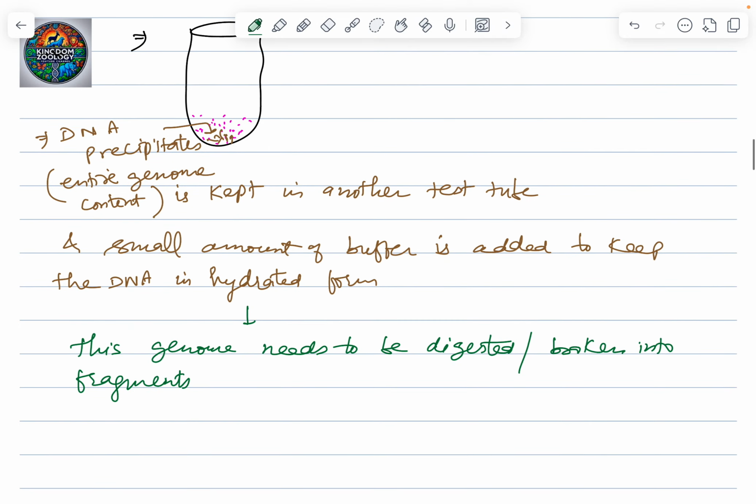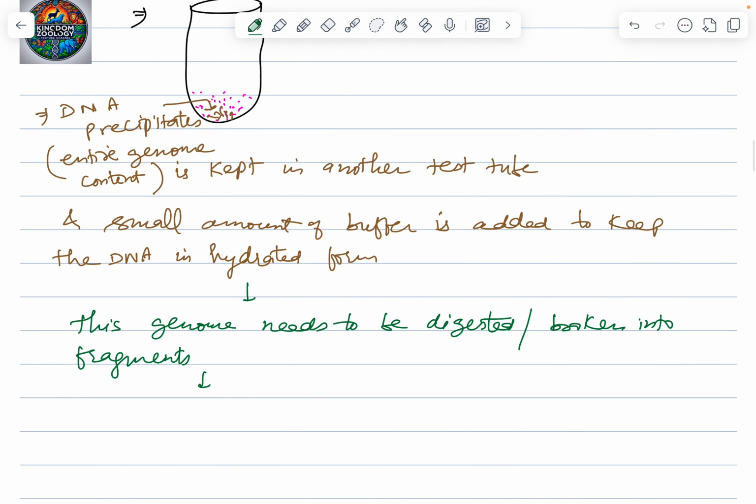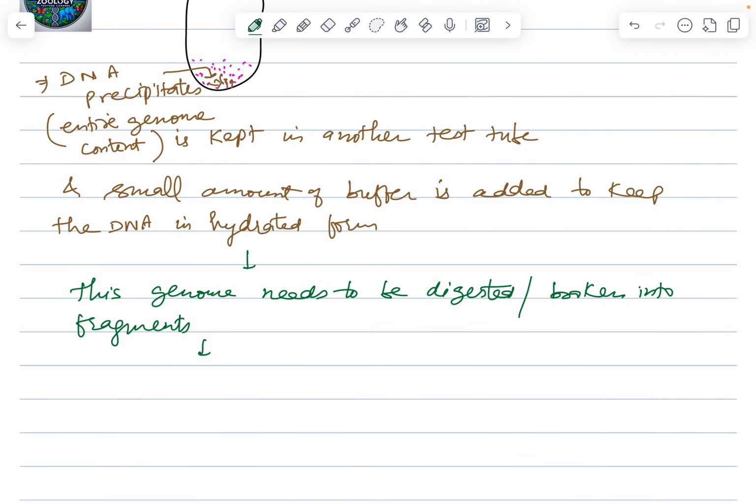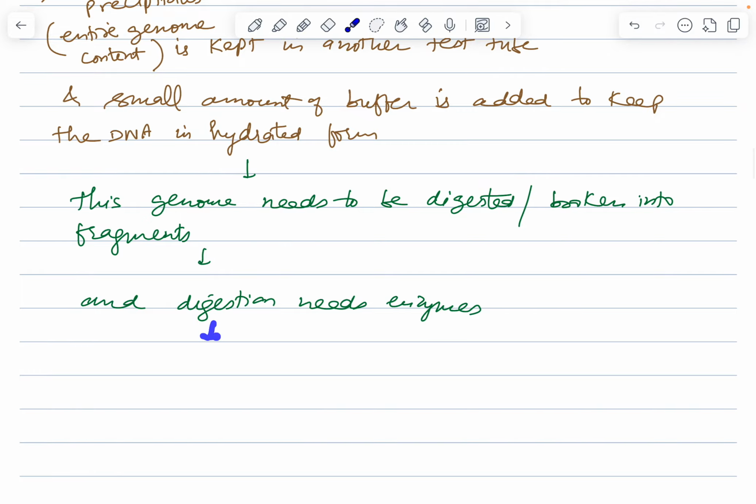So this genome needs to be digested or broken into fragments, and to digest a genome, what do you require? Enzymes. The digestion process obviously needs enzymes. What kind of enzymes digest the genome or the DNA? What are they called?